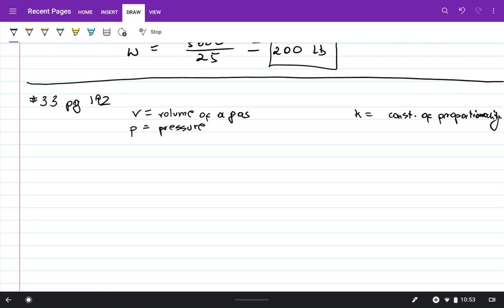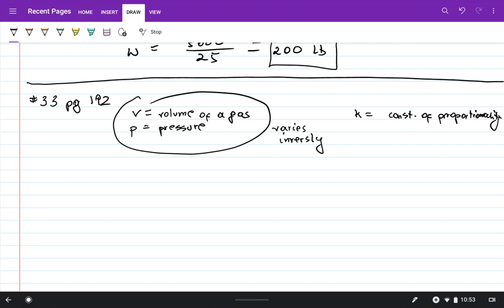What we know about the two variables is that they vary inversely. It was given in the problem. So we're going to build the formula: V equals constant divided by P. Okay, so we need to find K. We need to find the constant.